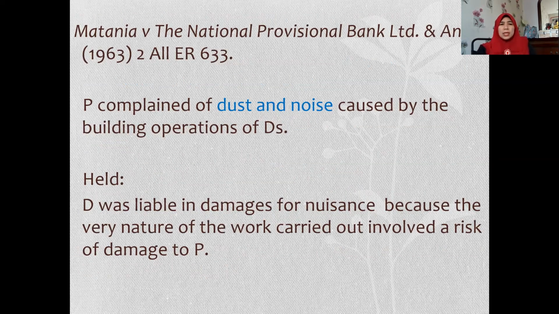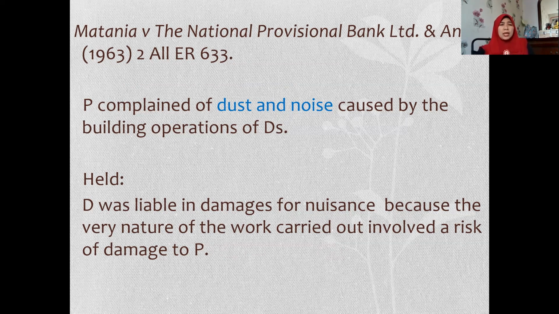Let's have a look at the case here. Common law, Matania v National Provincial Bank Limited and another. This is actually an example of interference. The plaintiff complained of dust and noise caused by the building operations of the defendant. So it is something common, anticipated whenever there are any operations, construction taking place there, then it will result in dust and noise.